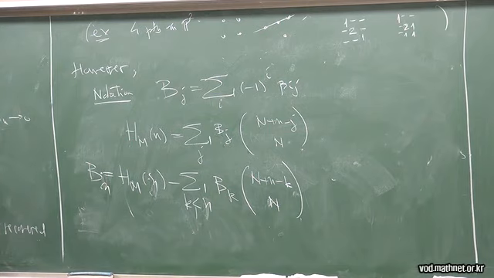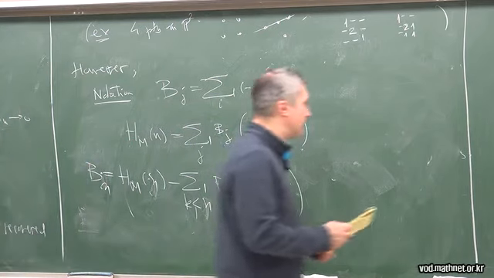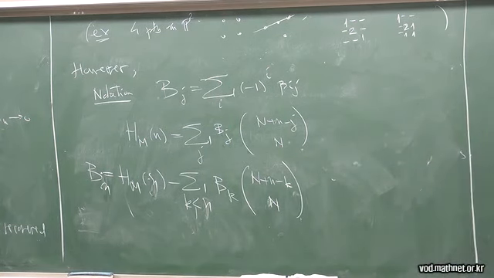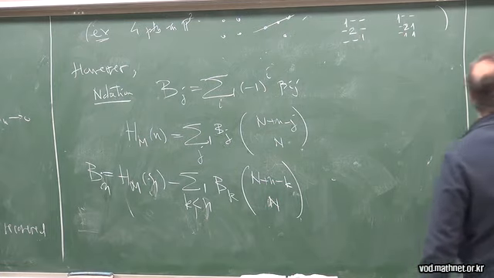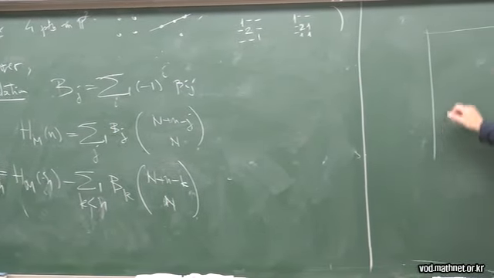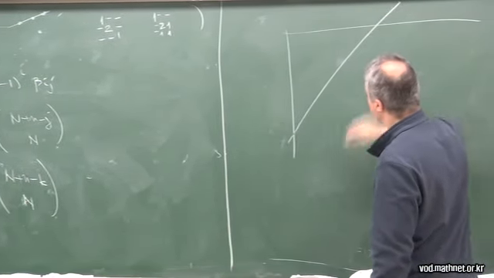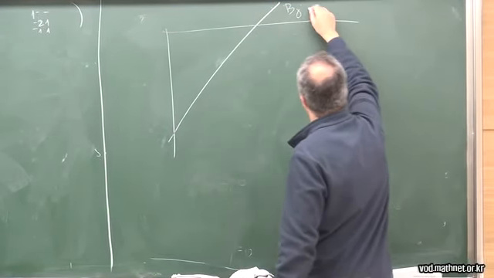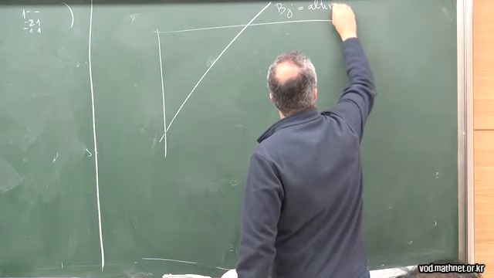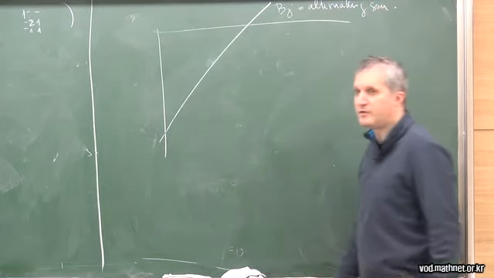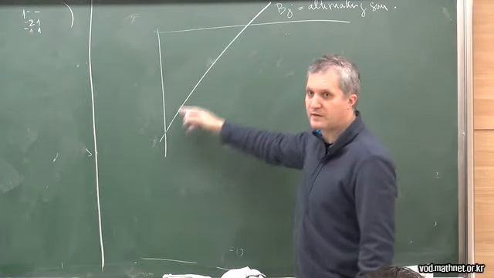What does it mean in terms of the Betti table? It means the following. So, for the Betti table, the bj's are, so we take the diagonal, and bj is computed by the alternating sum of the elements on this diagonal.